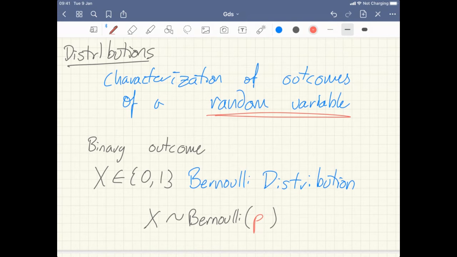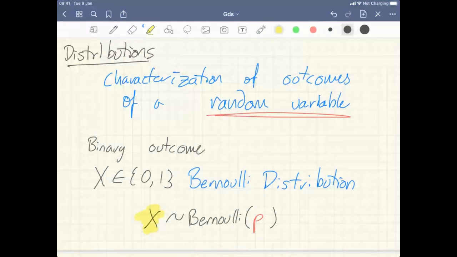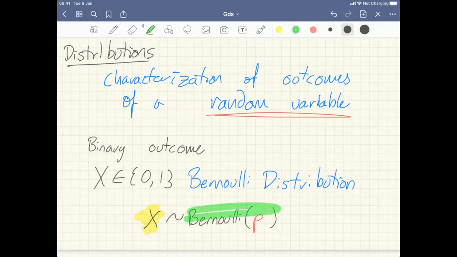So you can kind of think about this as x is what you observe, and the Bernoulli distribution is kind of the theoretical behavior over all of the things we observe or don't. It's like the idea about how we describe all of the potential outcomes of x.